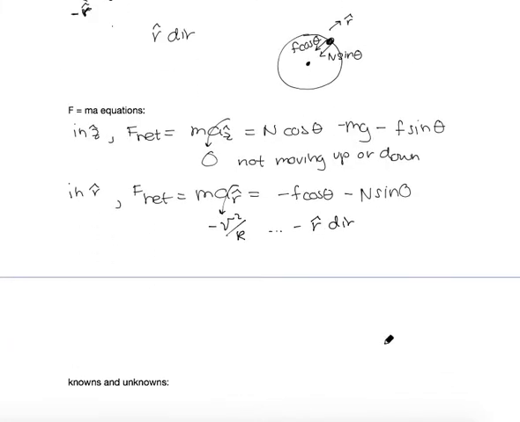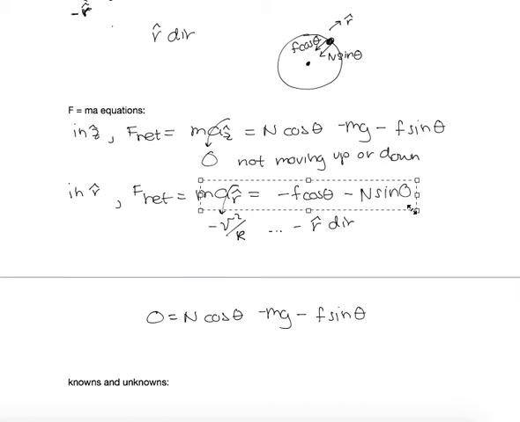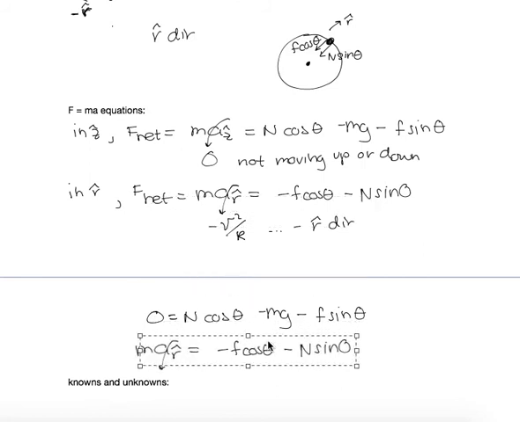That's the reason for that. So we can simplify this: zero equals the first equation, and the second is minus mv squared over r.